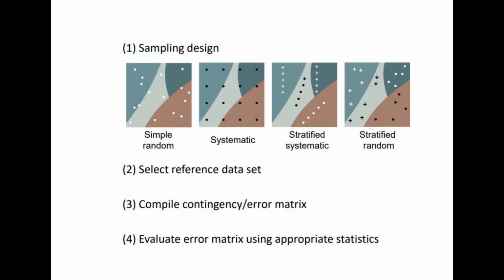The reference dataset is just the layer that you're using as the base corrected image, the image that was already correct to begin with. The error assessment process is pretty much just assessing how correct it is or how incorrect it is. Then you have the design sampling scheme. Let's just skip that.